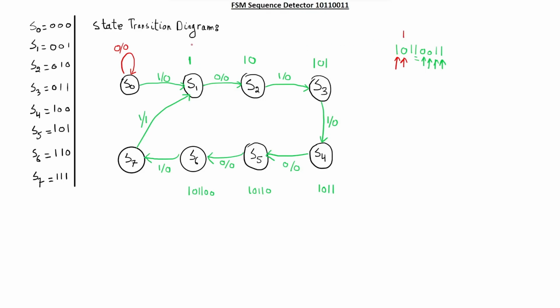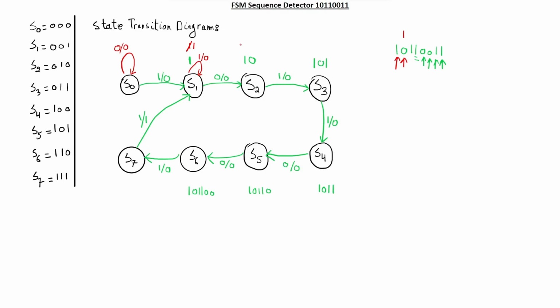We already have 1, and we entered another 1. If we discard this 1, our sequence starts with 1. So we can remain at S1. This is 1, the output is 0, and then we can continue.